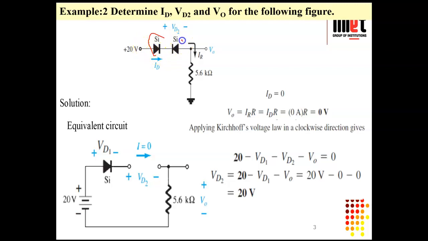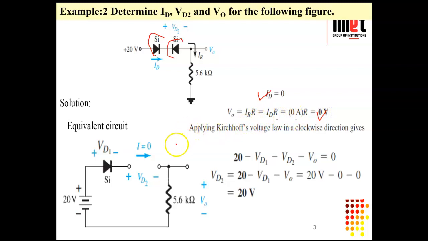But the second diode will be reverse biased. If this diode is reverse biased, then it will be open circuit. Then there will be no current in this circuit, so ID will be 0. V0 will be ID into 5.6 kilo ohm. ID is 0, so definitely the voltage across this resistor will be 0. So here we get 0 volt.